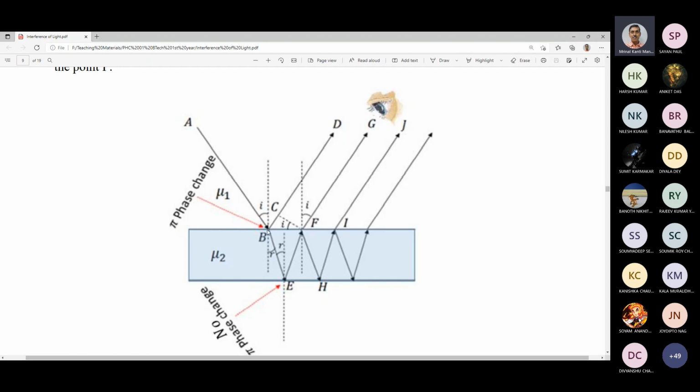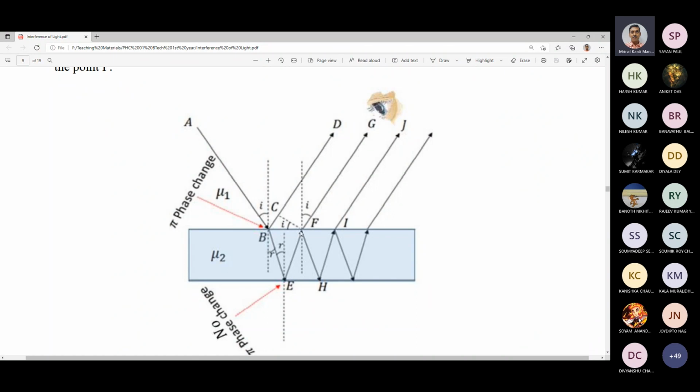So now here from point B we will get the beam CD, and this is the extra path. For this beam we consider, and for this beam there is the extra path, that is BE and EF in this medium, right? So the total path difference between these two beams, that is (BE plus EF) multiplied by mu2, minus mu1 into BC.